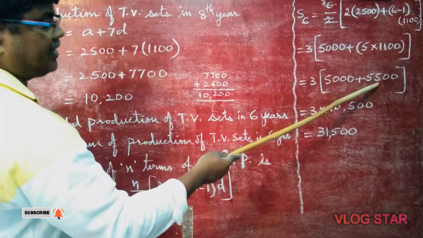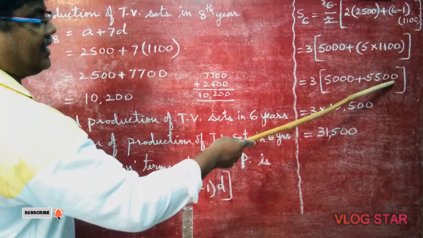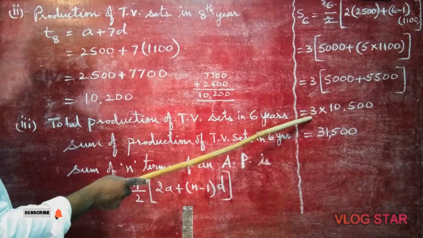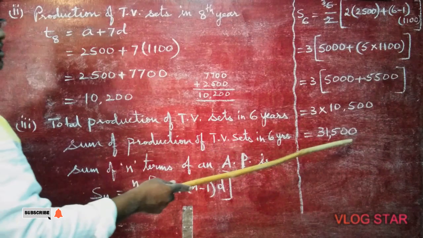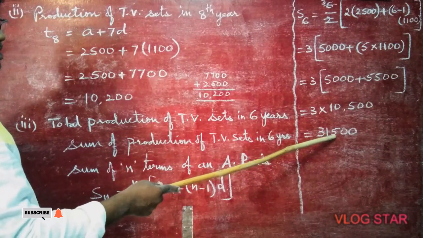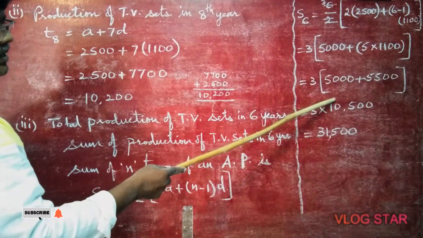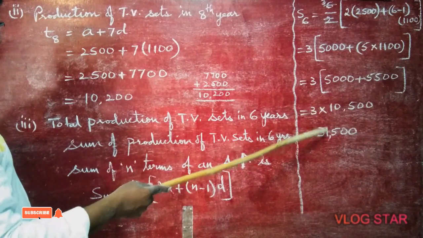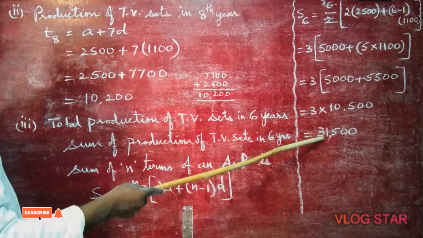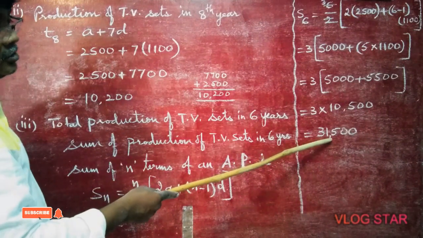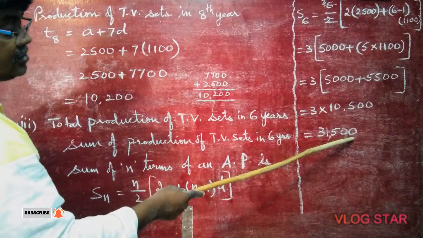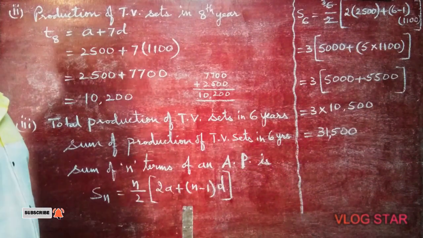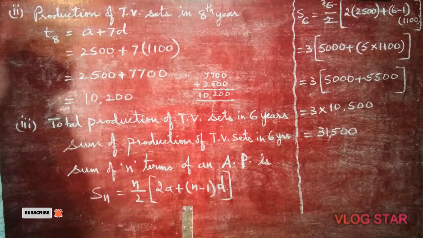Already 5000, here 5000, 10,000, one more 500, so 10,500. Easy calculations. Multiply with 3. 3 zeros are 0, 3 zeros are 0, 3 fives are 15 and 1 will be here. 3 zeros are 0, 0 plus 1 is 1. Again 3 ones are 3. So total production from the beginning of the year to 6 years is 31,500 TV sets. Are you able to follow? So keep this in mind.